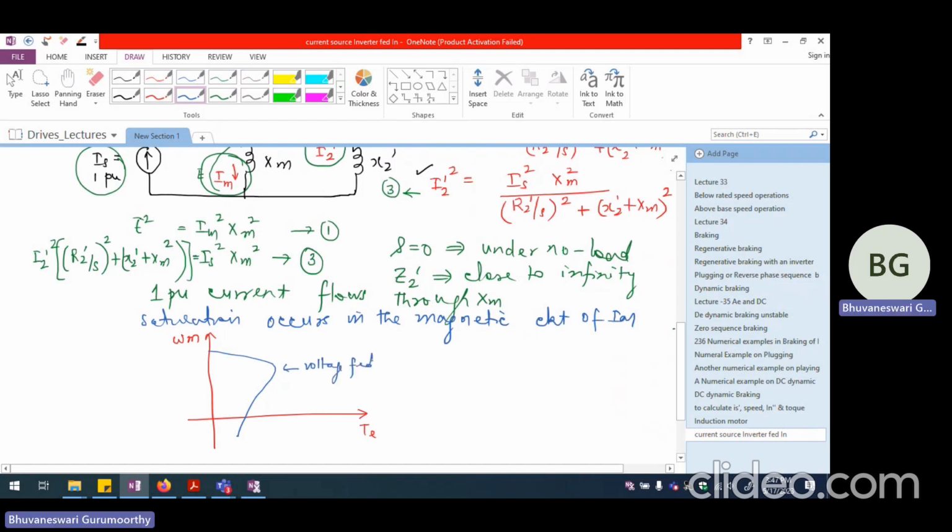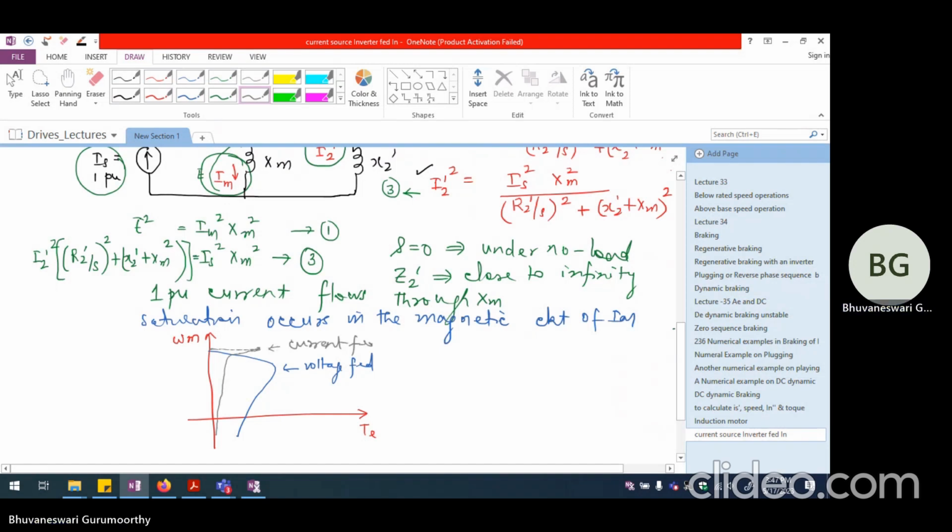Now, the current fed case will be in such a way that I am going to have the droop much lower than what you might anticipate in the case of a voltage fed motor drive. So this is going to be the current fed case.